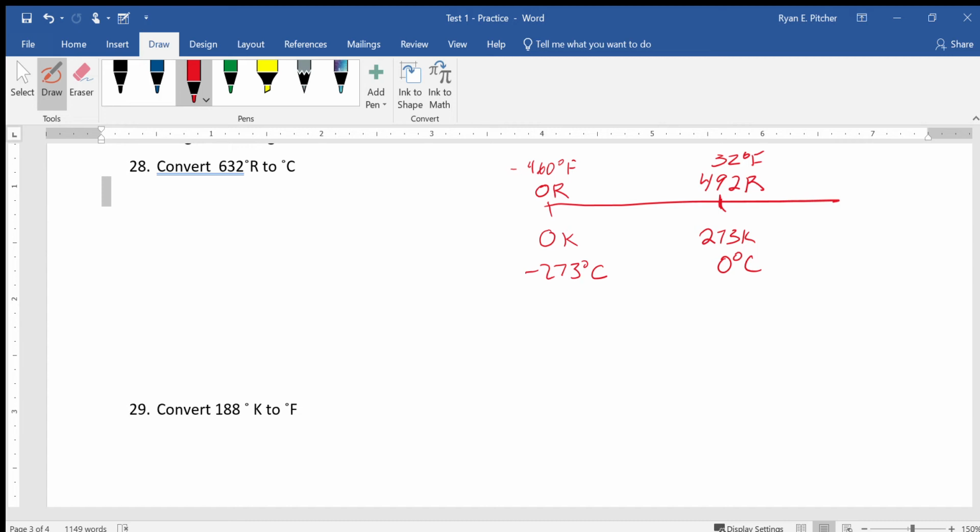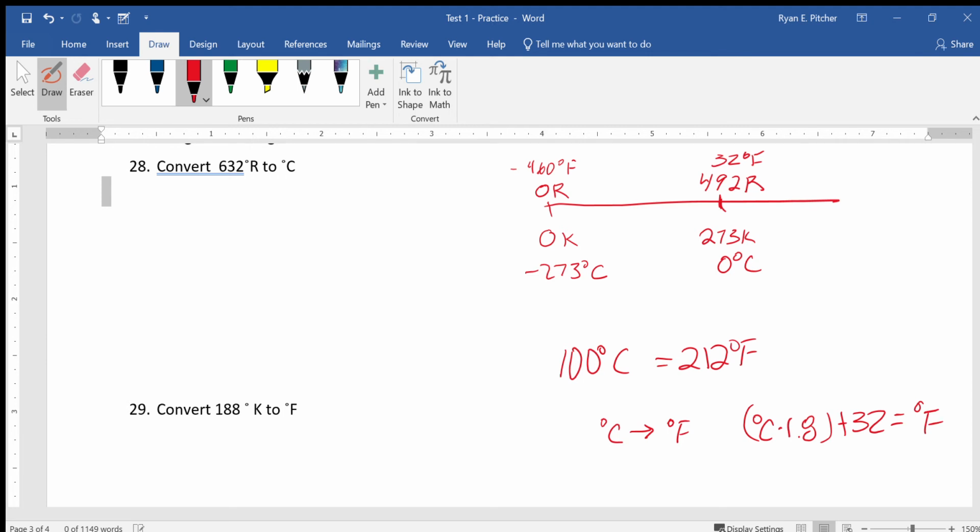When we're doing temperature conversions, I always remember that 100 degrees Celsius equals 212 degrees Fahrenheit. That always helped me say that if I'm going to go from degrees C to degrees Fahrenheit, I take my degrees C times 1.8 plus 32, and that'll give me my degrees Fahrenheit.